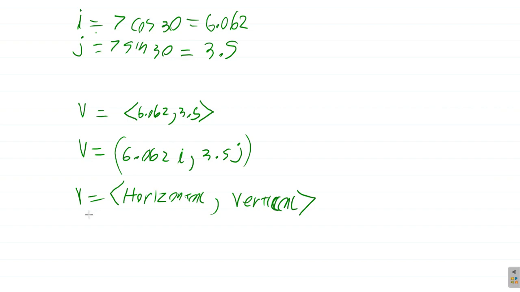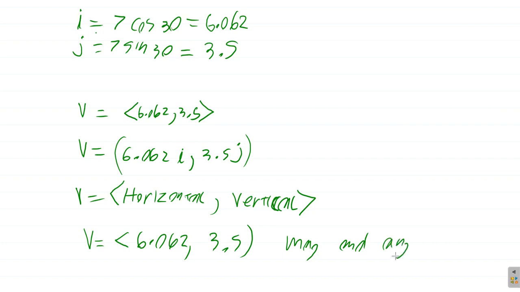So, if you get this 6.062 comma 3.5, and they say find the magnitude and angle of the vector, how do you deal with it?